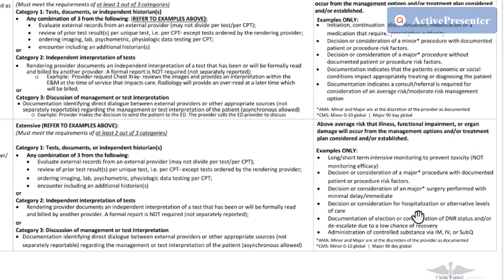The risk has now increased to high level, given the patient needs to be hospitalized, is started on IV antibiotics, and there is consideration of emergency surgery. Therefore, the code level 99205 or 99215 is indicated.